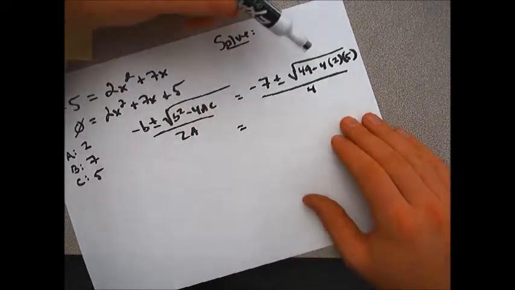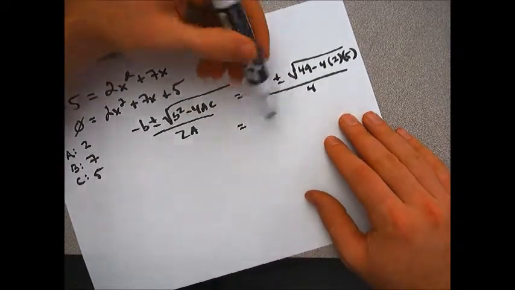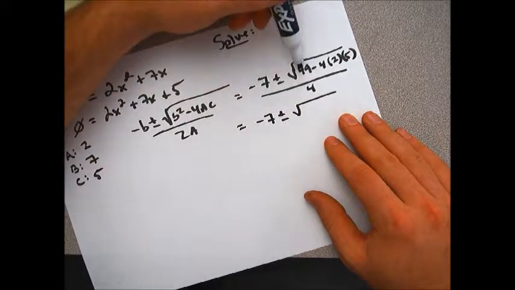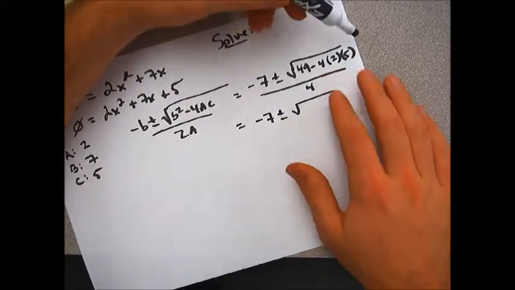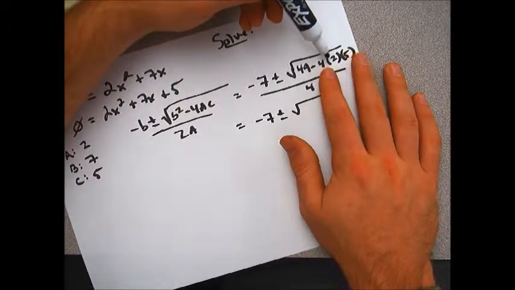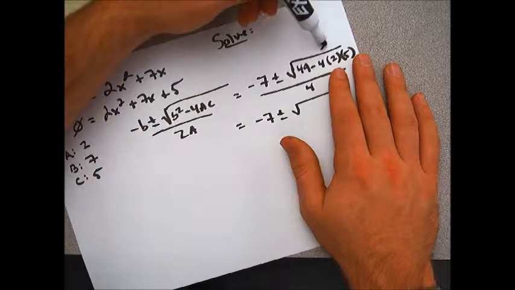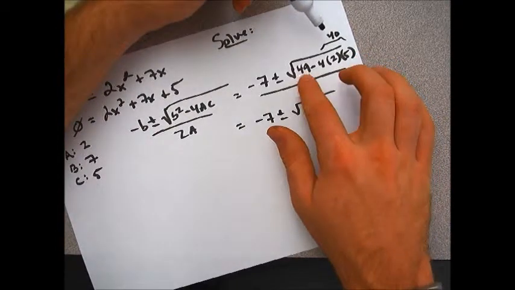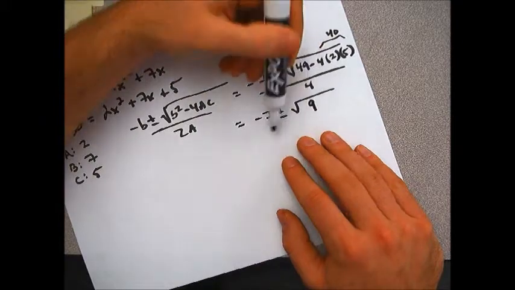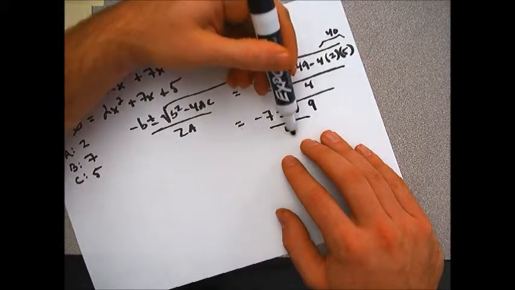And then we keep going here to see what we can simplify. This becomes negative 7 plus or minus the square root of 49 minus, what do we get up here? 4 times 2 is 8, and 8 times 5 is 40. So this part up here was really 40. And 49 minus 40 is 9. And we put that over 4.